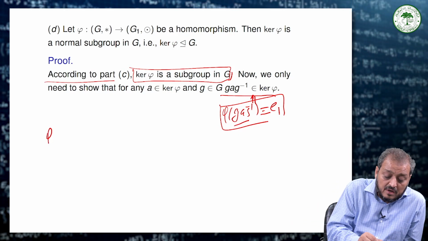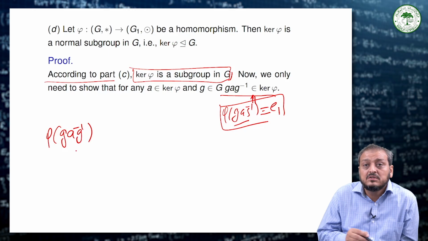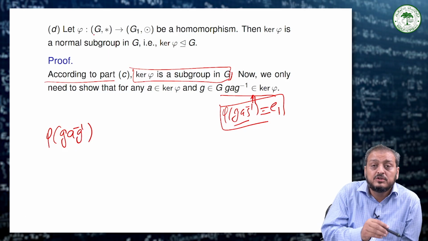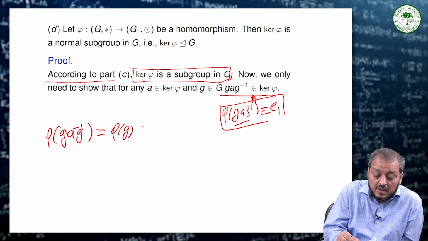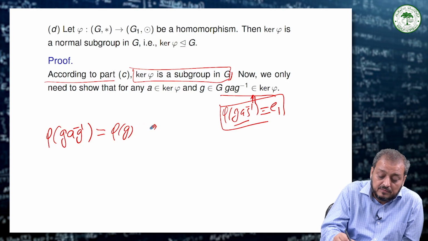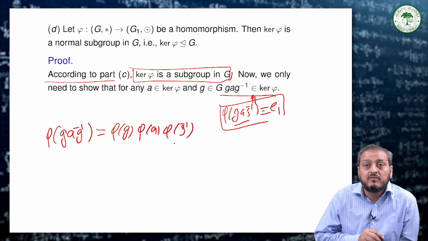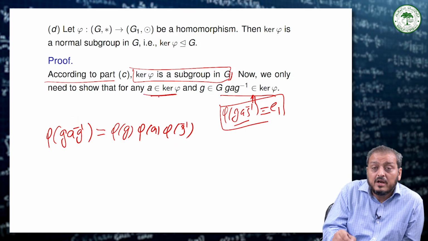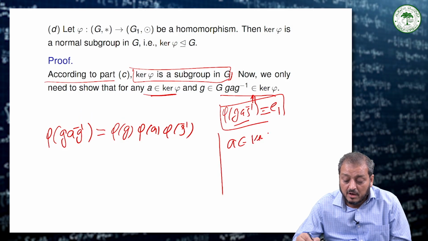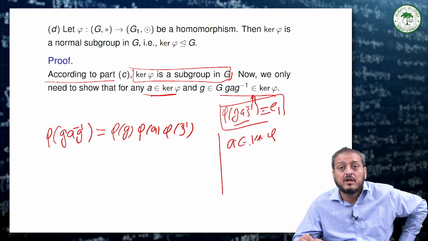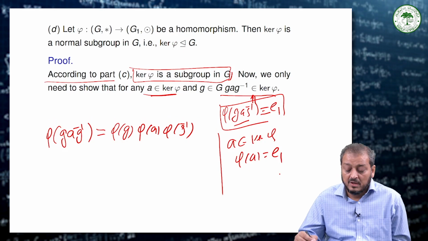So let us start from here. We take phi of G inverse A G. Now phi is a homomorphism from G to G1, so this can be written as phi of G inverse times phi of A times phi of G. Now A is an element of the kernel of phi, because it is given, which means phi of A is equal to the identity E1 of G1.